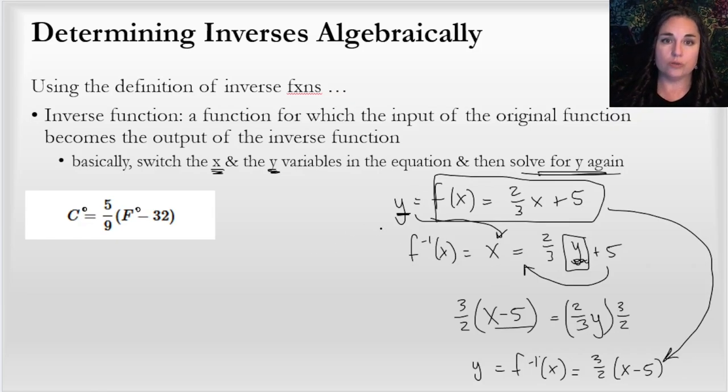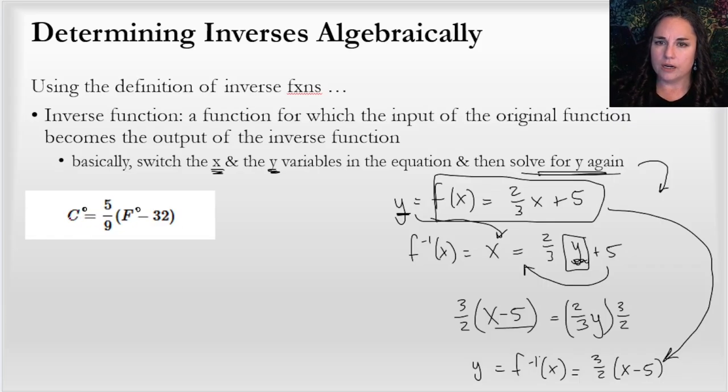I actually used algebra to do it. And this is what the book says: switch the x and y variables and then solve for y again. This is a reliable method to find the inverse of a function. However, I see students struggle when it comes to formulas and variables.